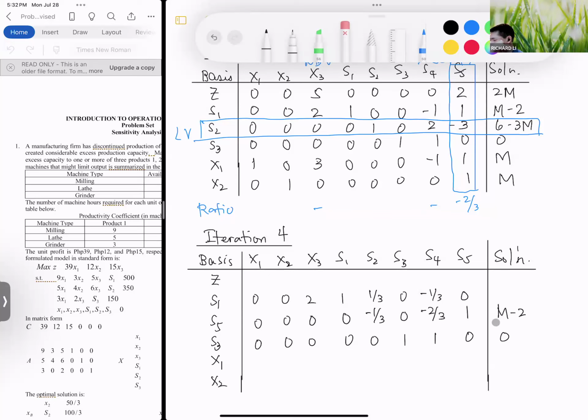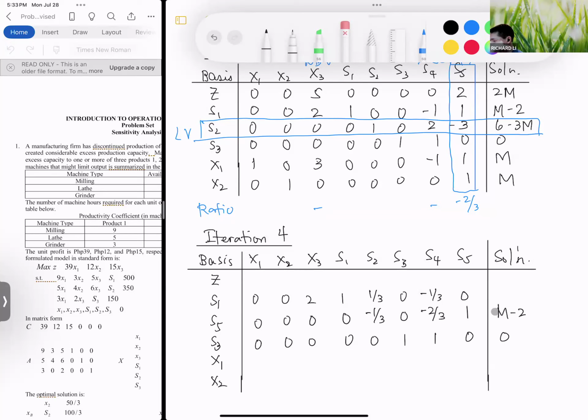So if you multiply by -2, this is -2m plus 4. And then you add it to 2m, that will be 0 plus 4, right? Oh, wait. You're doing S1. I'm confused. So, wait. This one multiplied by -1, add it here to get 0.